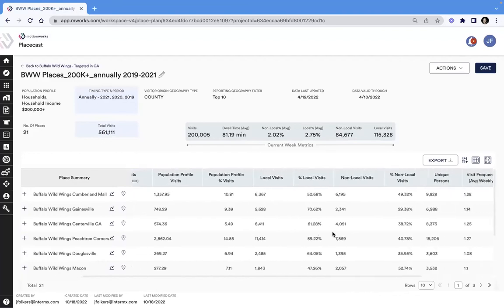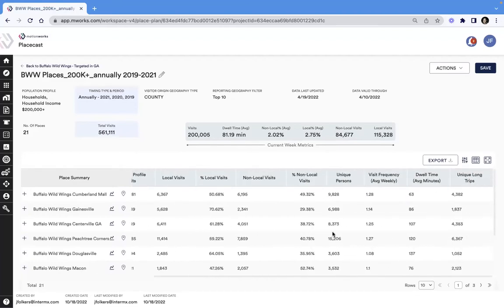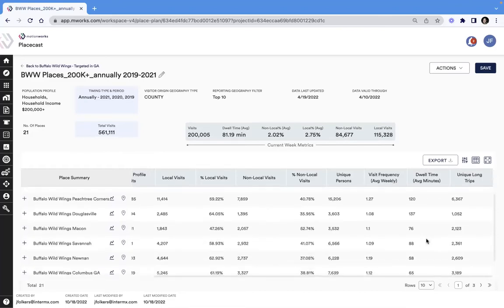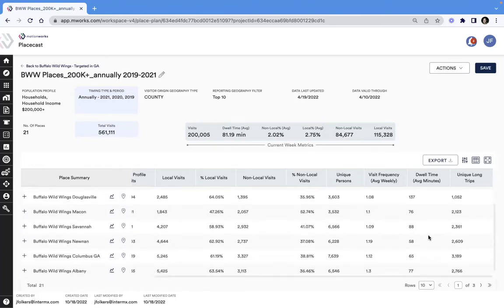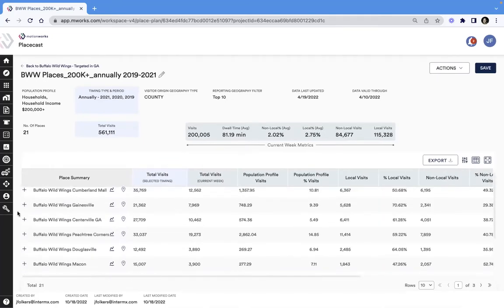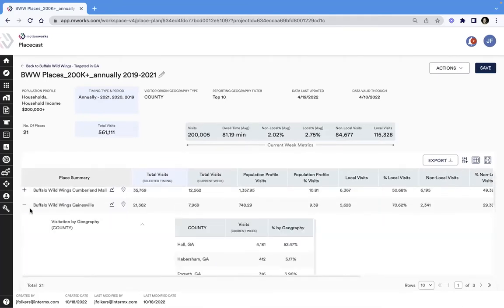And then all of the others are based on the full visitation across visitation weekly, dwell time, how long people are spending there. Obviously, it might vary between what sports season it is specific for Buffalo Wild Wings, all things that can give unique insights and tell the story of visitation to these places.